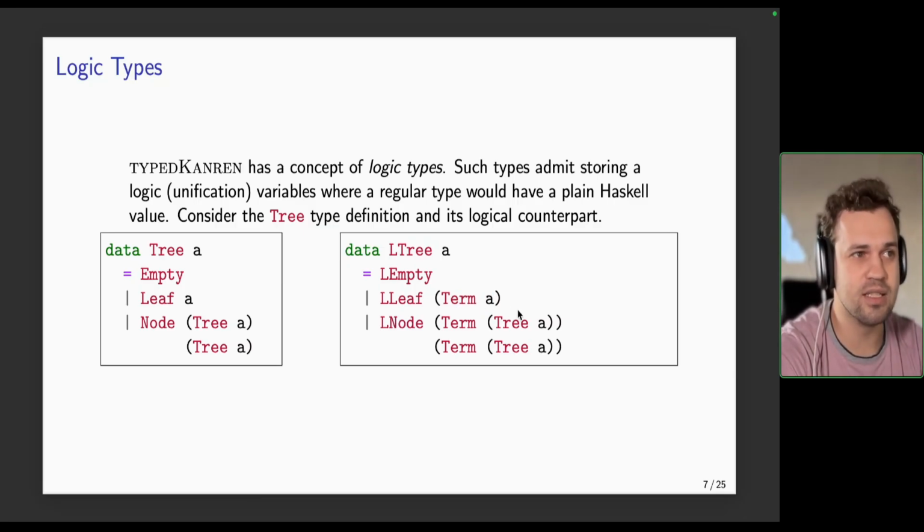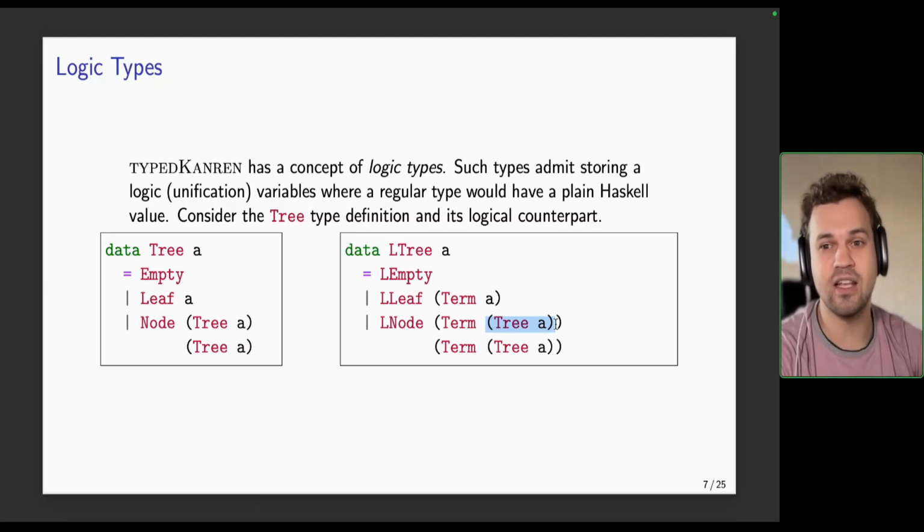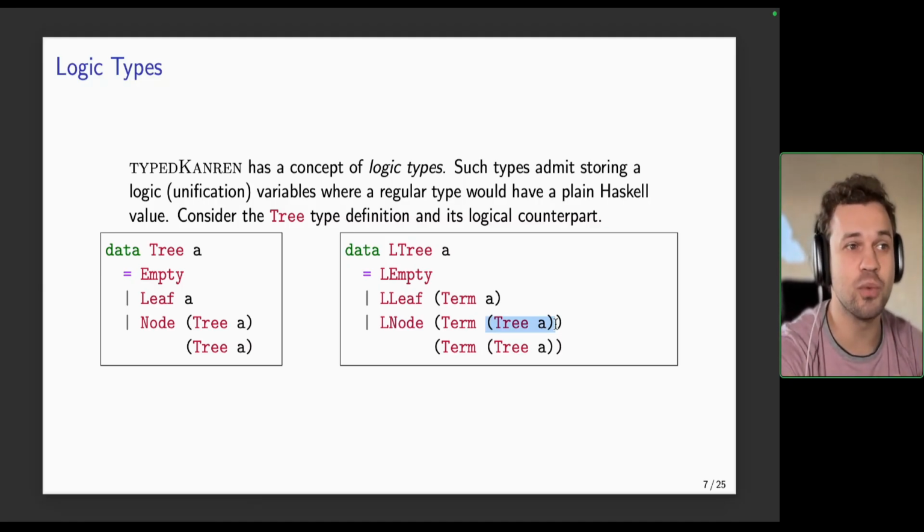What this does is it says that we either have a value of type A there, or we have a unification variable. For recursive use of Tree A, it's a bit more subtle than that, because we don't just want to have a Tree A or a unification variable. We want to have a Tree A where, again, in any of the subexpressions, we can also have unification variables.